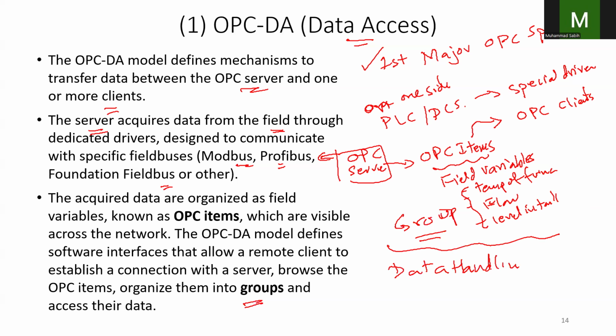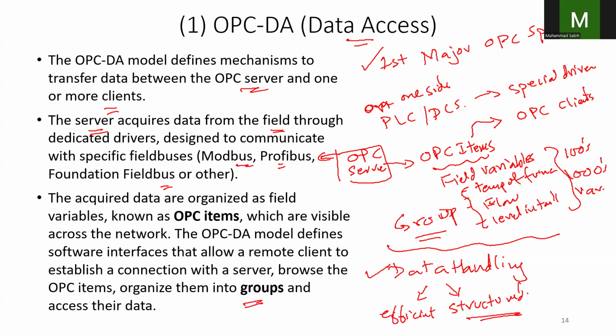This makes the data handling much more efficient, and also structured, especially when you are dealing with, for example, hundreds or thousands of variables. In that case, the structured way is very important, so you have to group them, because there are thousands of items in the industrial setting.